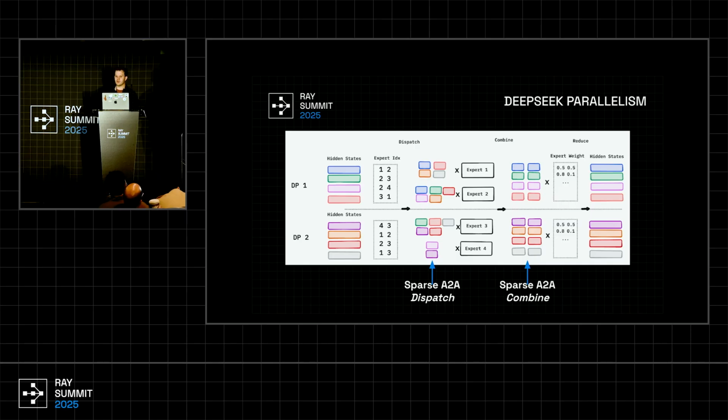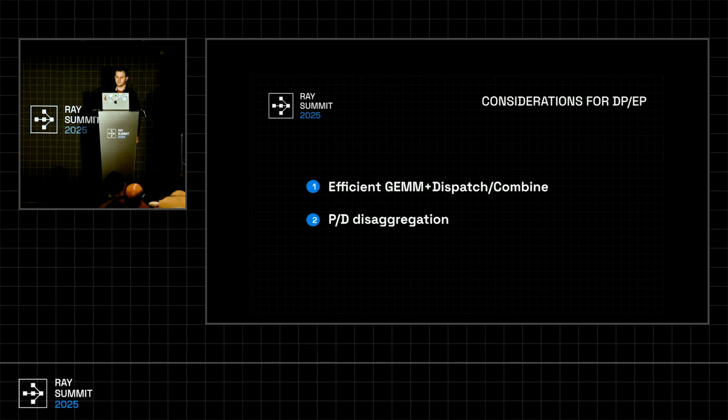After the dispatch operation, we have the experts. We can run a standard group gemm. And then we need to combine, which is to effectively send the request from the expert back to the original DP rank, which is what you can see after we do the expert layer. And so this dispatch combine operation really sits at the core of making the DP attention EP MoE work together efficiently.